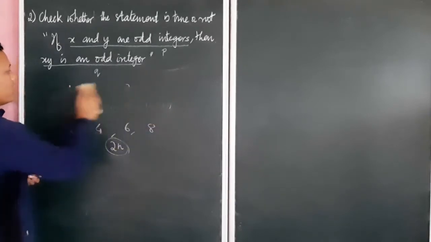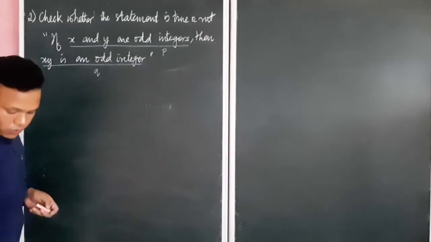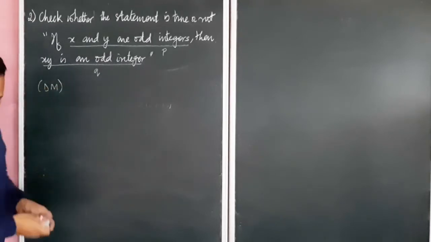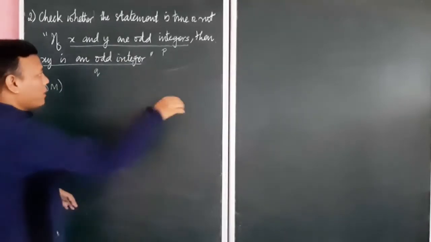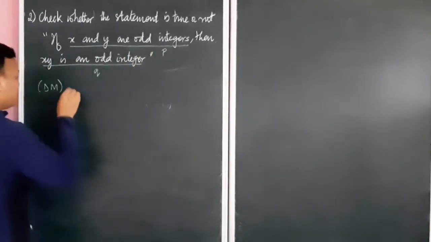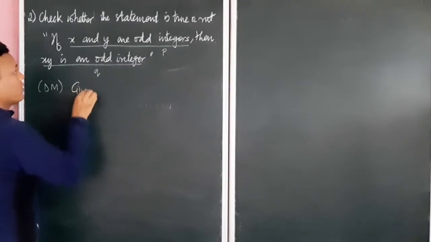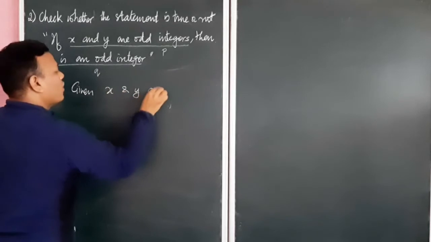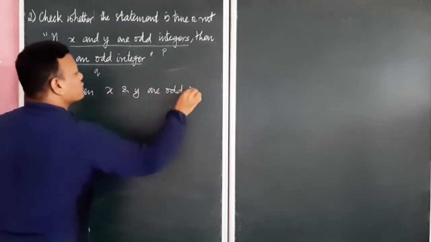So it is given. Now we are proving using the direct method. In the direct method we have P implies Q, that means given is P, right? So given is X and Y are odd integers.